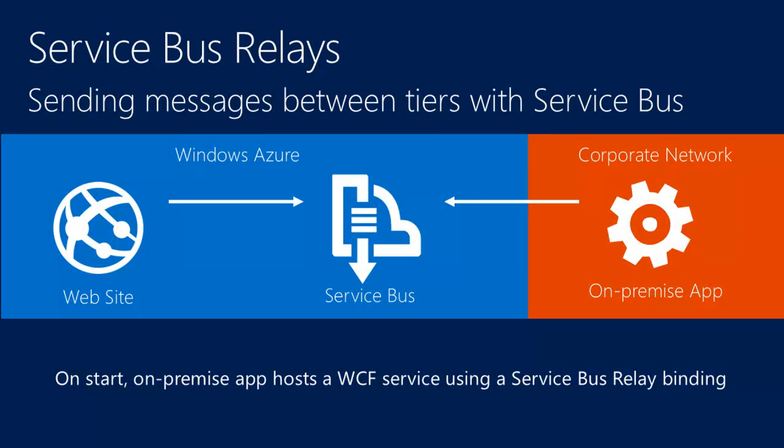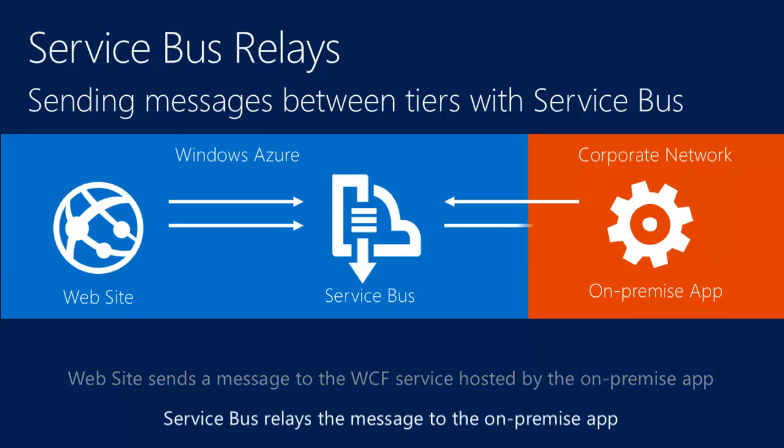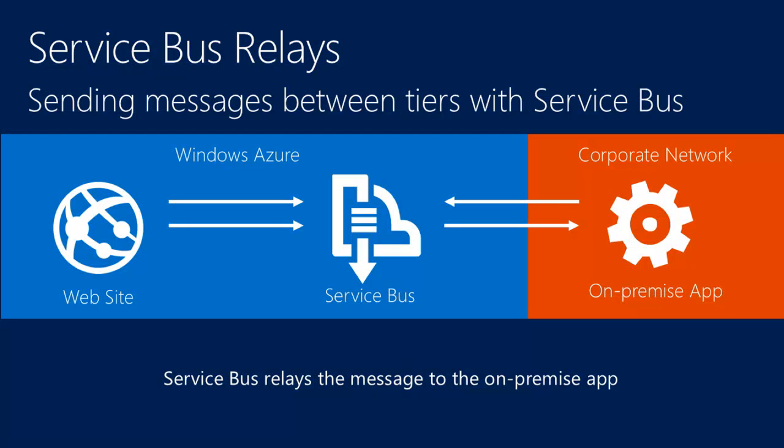The on-premise app is going to start up, and it's not going to host, that's a typo, it's not going to host a WCF service, but it's going to basically reach out and look at one. The website is going to send a message to that WCF service, and that message is going to then be relayed to that on-prem app, and then the on-prem app is going to do its functionality.